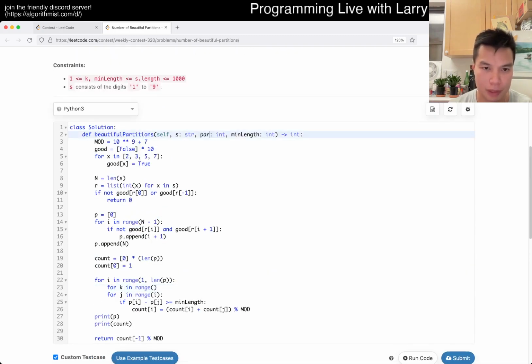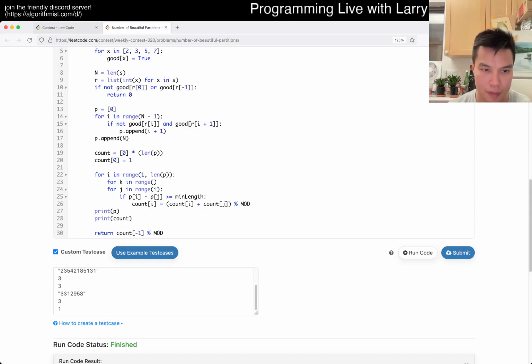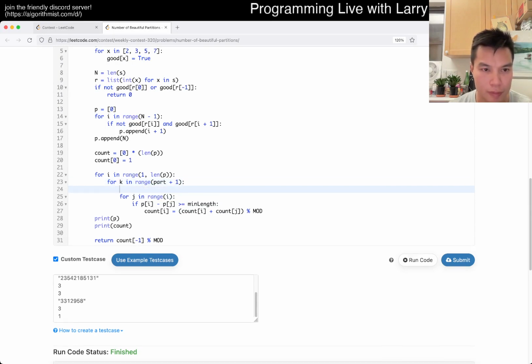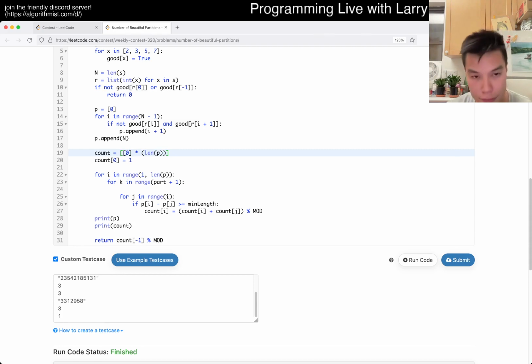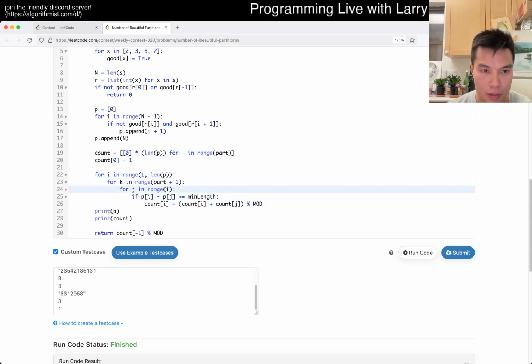Is it partitions maybe? Okay. Part is on the outside. Okay, fine.